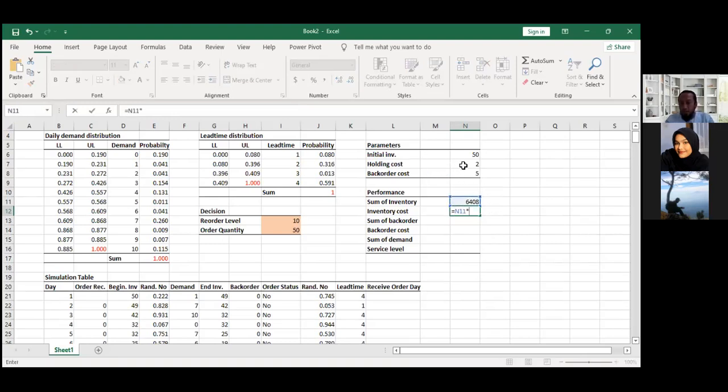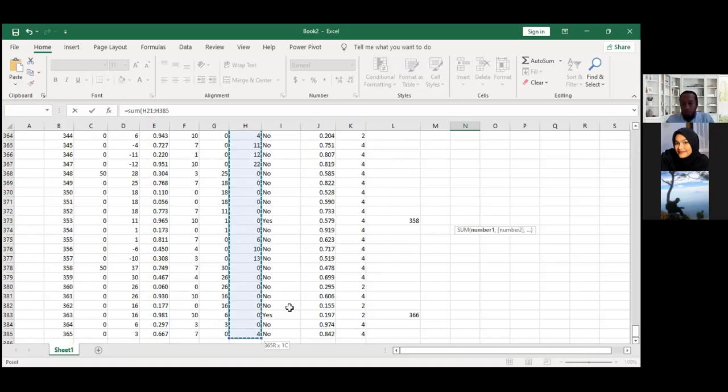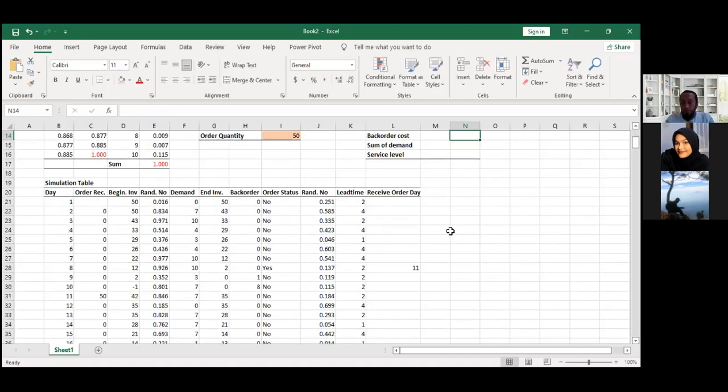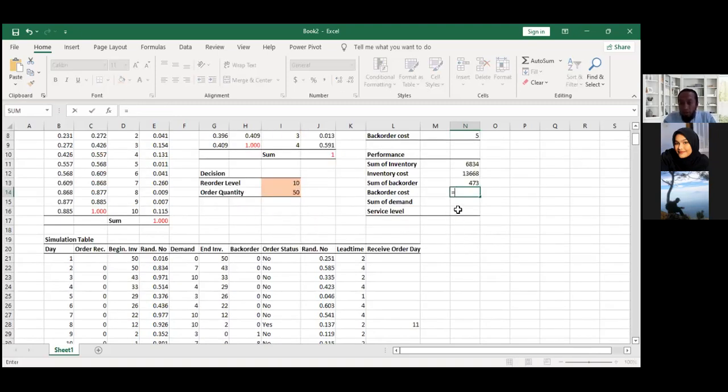Holding cost is 1 per unit per day. Okay, the sum of back order is the same. We sum the back order, this one. Then we sum until one year, 365 days. We enter, and then the back order cost is the same: sum of back order times the back order cost. Sum of demand based on this simulation.